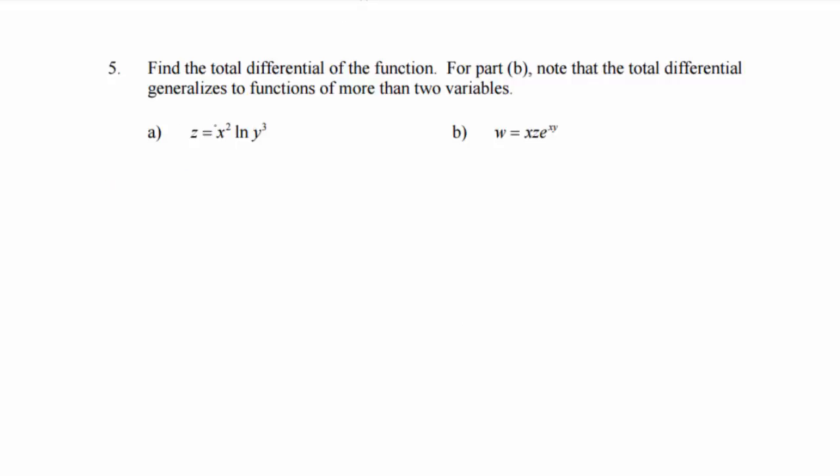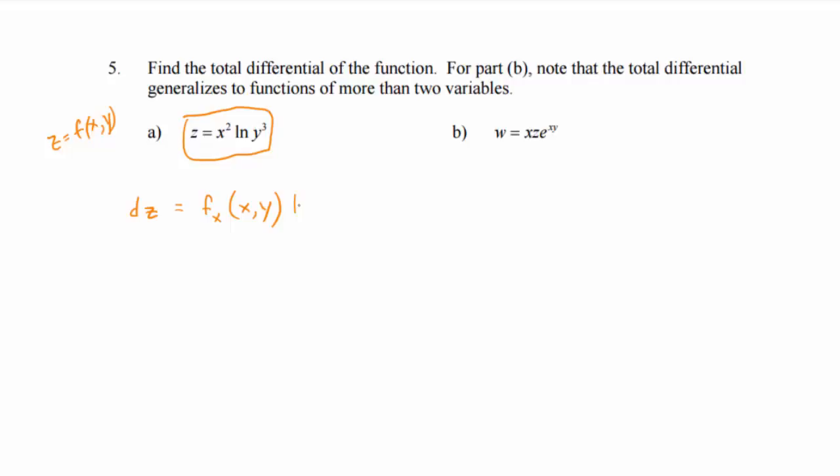To review, let's do the generic formula that you would use in part A first. So dz, what's the formula for dz? If you consider z equals f of x, y, you take the partial of f with respect to x, right? When you use x naught, y naught, you're really thinking of it as specific values.